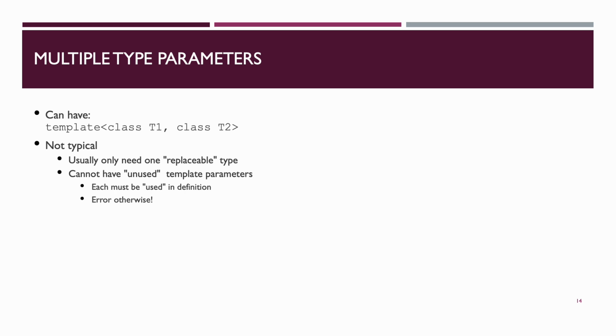However, they're useful when different types need to be managed within the same function or class. All type parameters declared in a template must be used in the definition. You cannot declare a template parameter and then leave it unused. This would result in a compilation error.